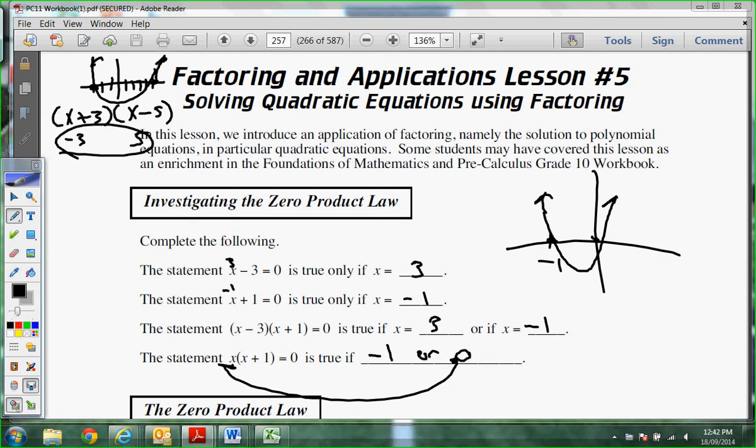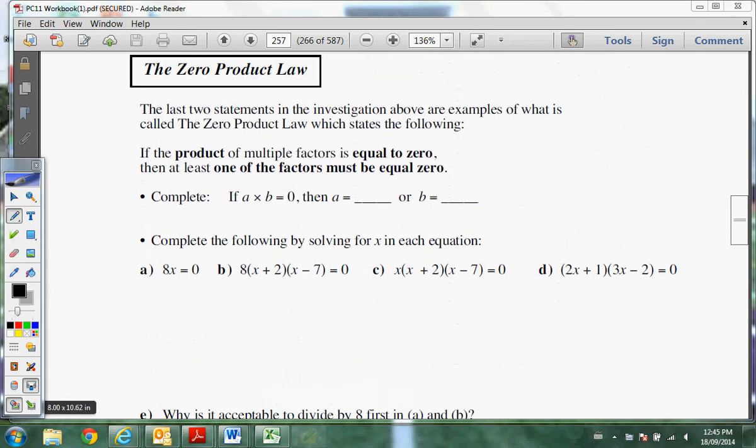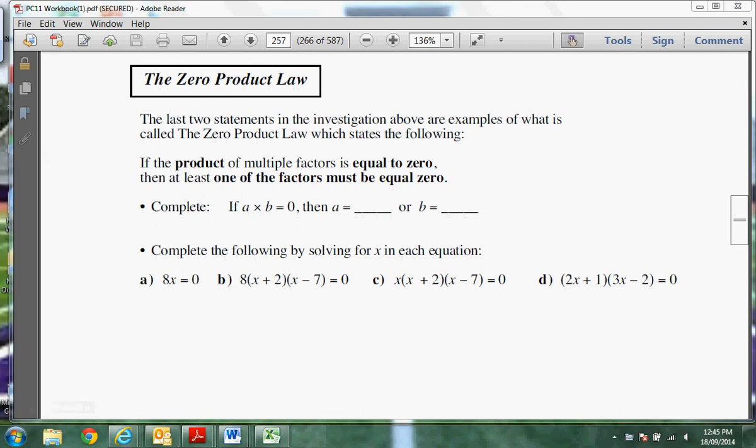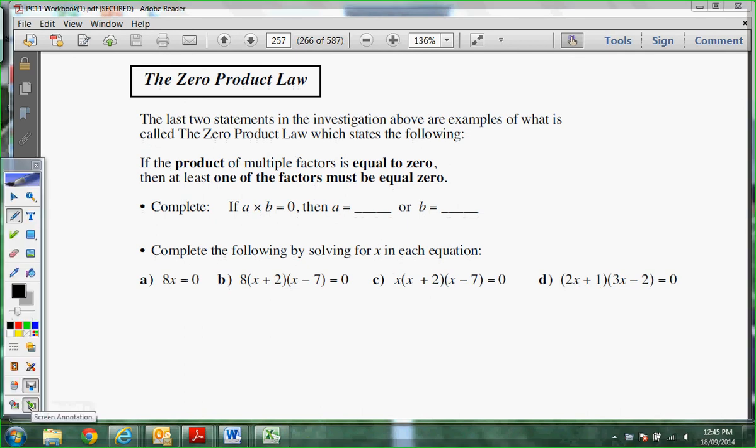Moving along. The zero product law: the last two statements in the investigation are examples of the zero product law. We always want to figure out what makes A 0 and what makes B 0. Because if we have two binomials, if we get the left one to be 0, then what happens to the right one?